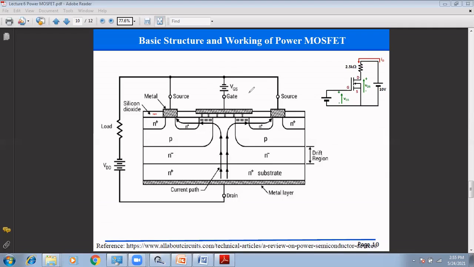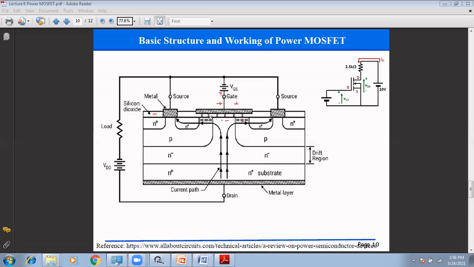Now what happens when we apply some voltages? As we saw previously, when we apply the VGS voltage, that is negative and this positive. Because of this positive voltage applied here, we get some negative charges on the opposite side. These are the negative charges, and because of these negative charges, we get the inversion layer.